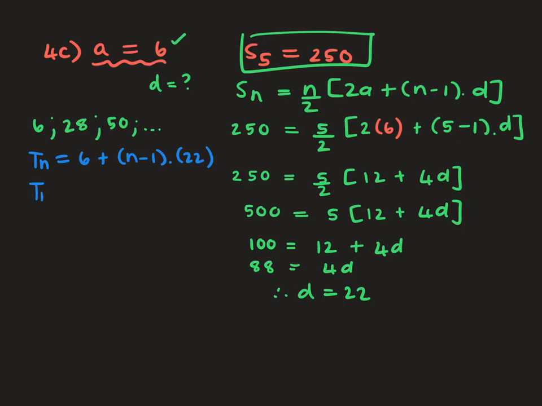To figure out term 12, we're just going to sub 12 into n. All right. So therefore, term 12 is going to be 11 times 22 plus 6. So term 12 will be 248. Okay, so you could just keep adding 22 and do it 12 times. I feel like this is quicker, right? So that should be our final answer for 4C, 248.